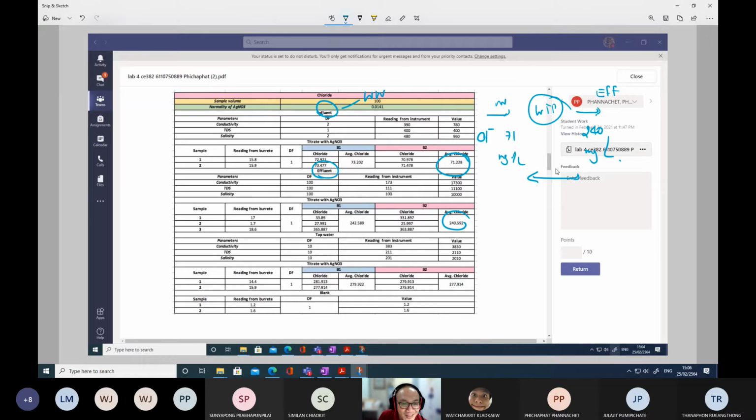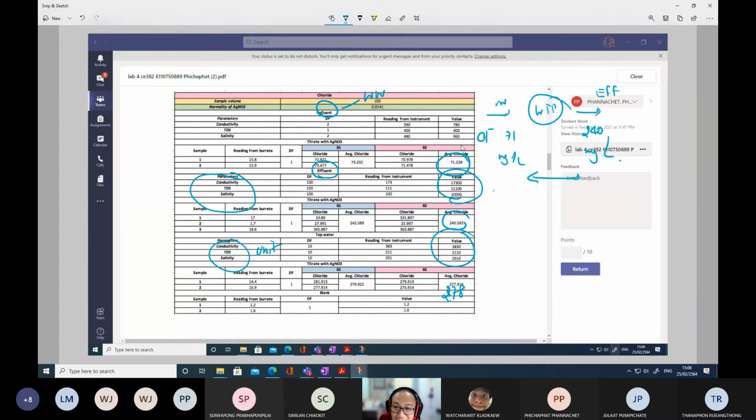And the other thing is other parameters. You're given the conductivity value, TDS value, and salinity value. What are the units? So this value, in fact, should link with the chloride concentrations you have got from the analysis.